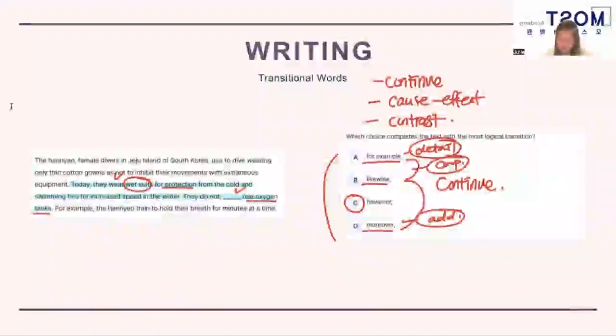So if, let's say, there were however and but as two different answer choices, then you can eliminate both of those because they mean the exact same thing. Then you're able to at least eliminate two answer choices before thinking about whether it's going to be a continuation or a cause and effect. So that's another way you can approach it in a simpler manner.